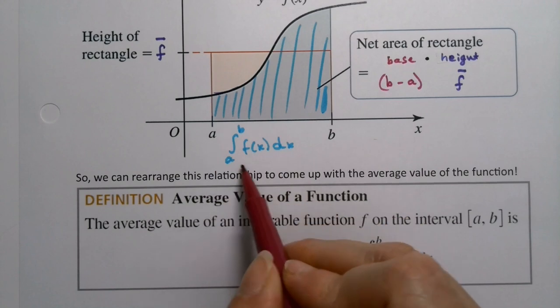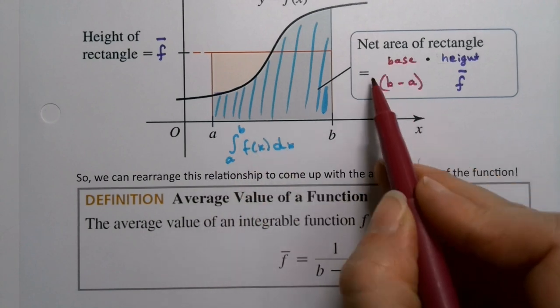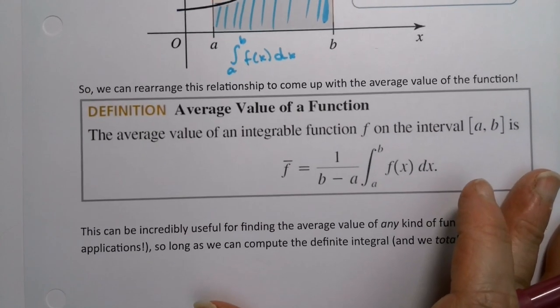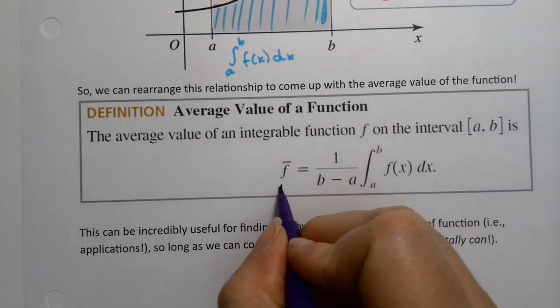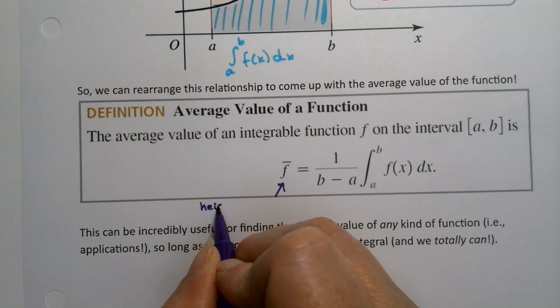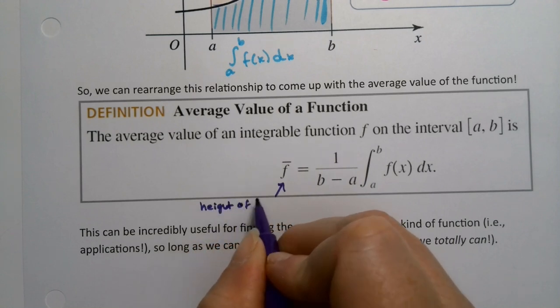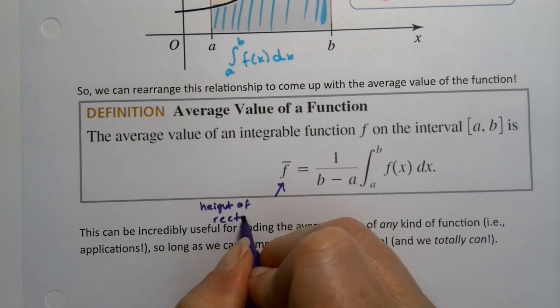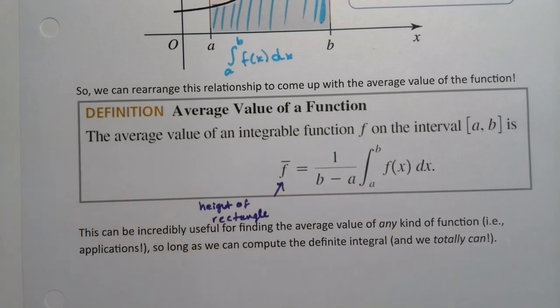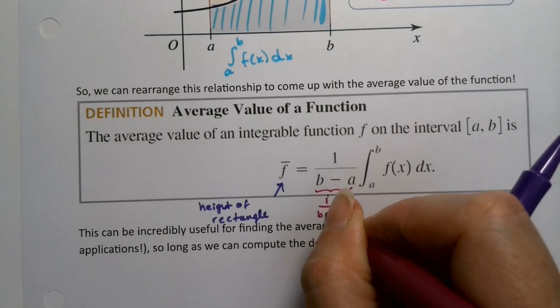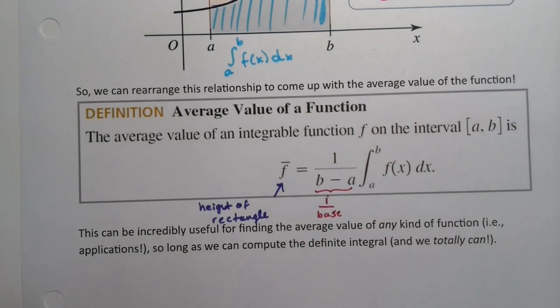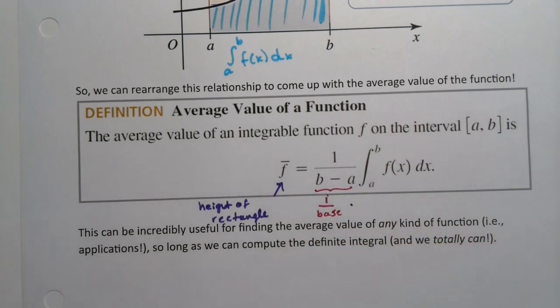I want this integral to be equal to base times height. So in other words, the height of the rectangle would be equal to 1 over the base times the net area under the curve.